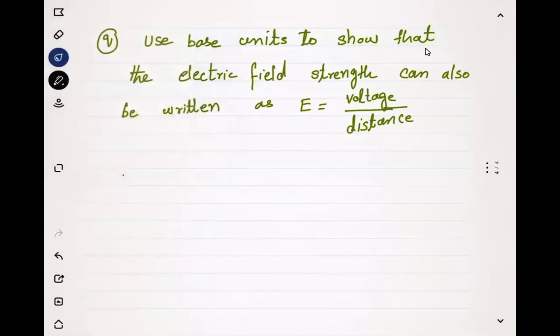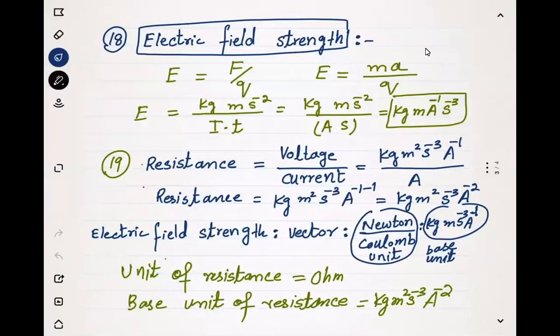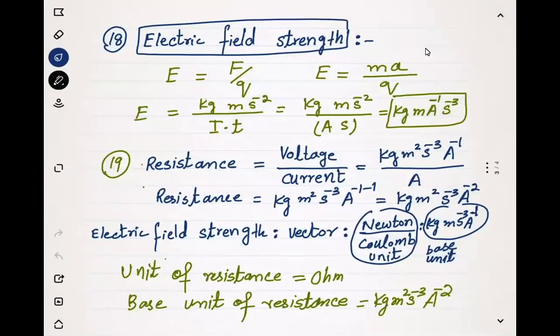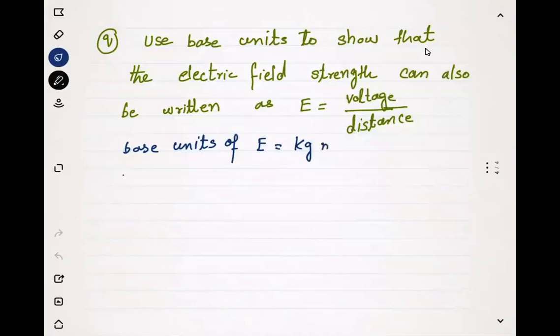Now we already found the base units of electric field strength. They were kilogram, meter, second minus 3, ampere minus 1. If this formula gives these same base units, then it is verified.